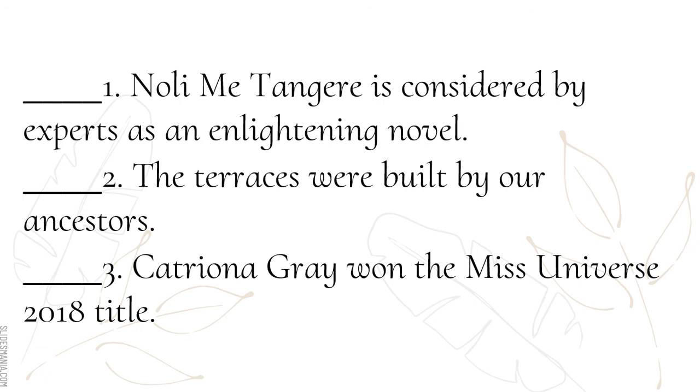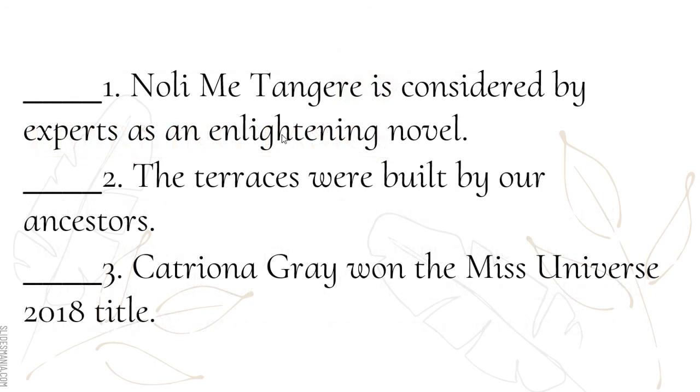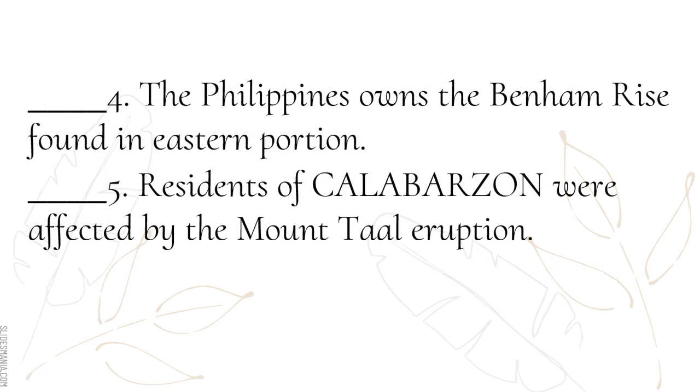So your answer for number 1 is passive voice or P. Okay? The mere letter P for passive voice. Number 1 is P. And then you're going to convert this sentence from passive voice going to active voice. So that's how you're going to answer learning task number 7. So the same is true with items number 2, 3, 4, and 5.